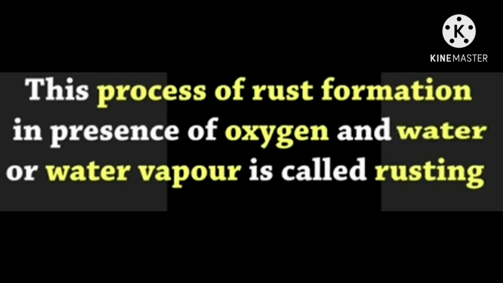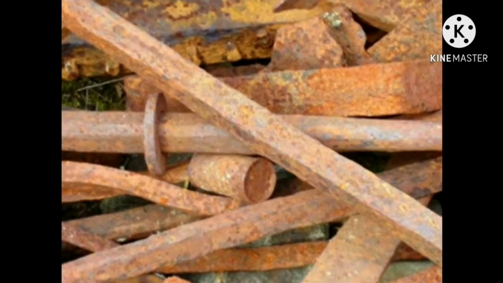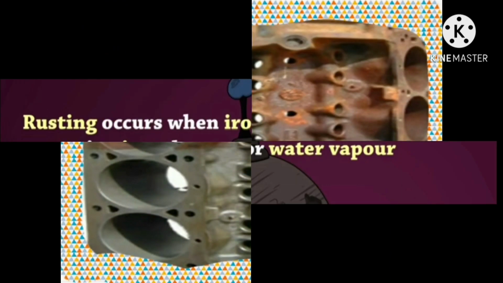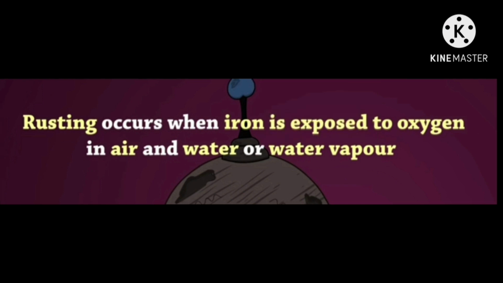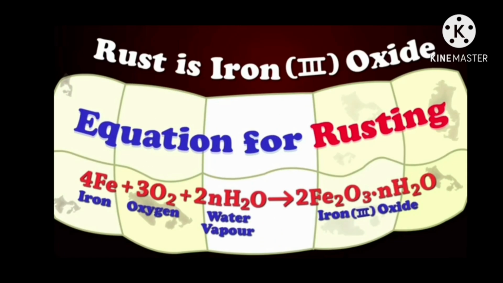During the rusting of iron, iron metal combines with the oxygen in presence of water, that means moisture, to form a compound iron oxide. This iron oxide is rust.